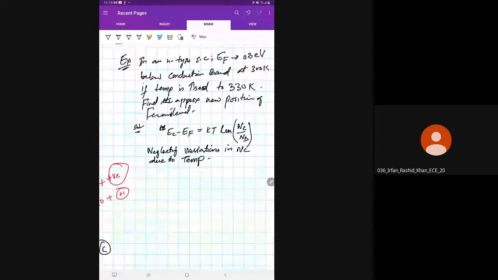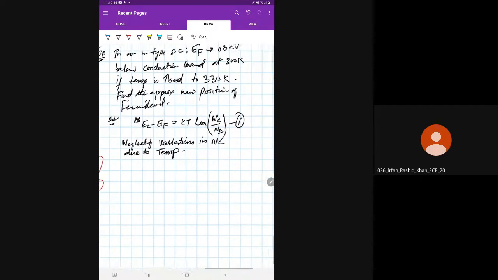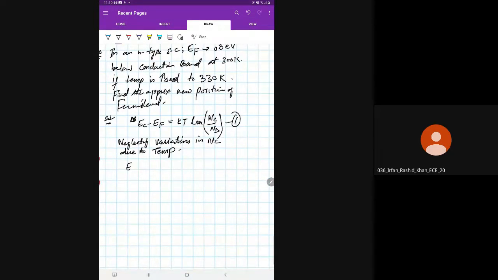Then from equation 1, we can say that EC is directly proportional to EF, because if we rearrange equation 1, EC will be equal to EF plus something times kT. So EC is directly proportional to EF, and it is also directly proportional to temperature.